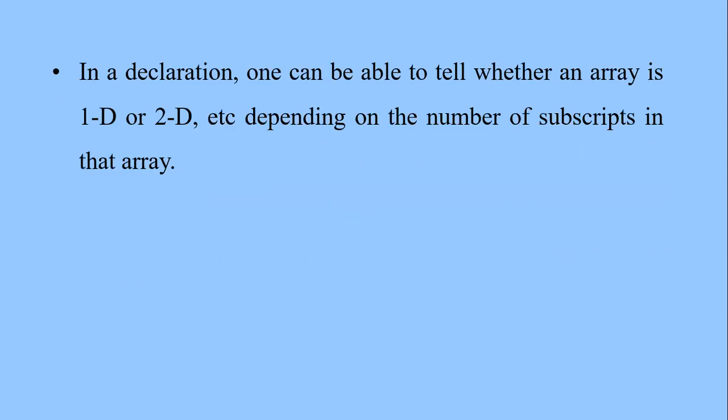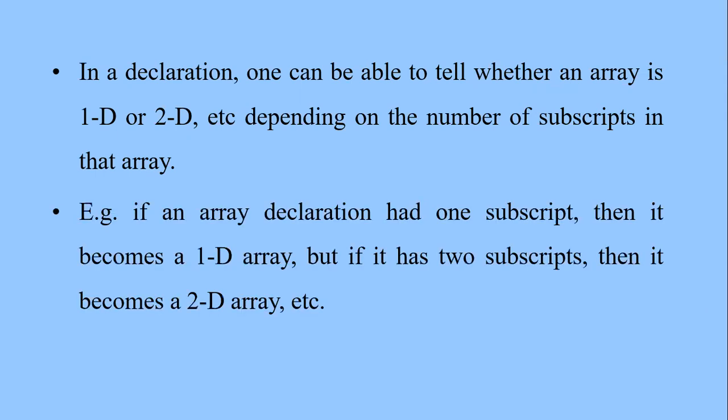In a declaration, one can be able to tell whether an array is a one-dimensional or a two-dimensional array or three-dimensional array, etc., depending on the number of subscripts in that array. For example, if an array declaration had one subscript, then it becomes a one-dimensional array. But if it has two subscripts, then it becomes a two-dimensional array, etc.